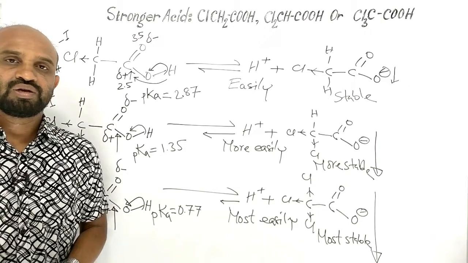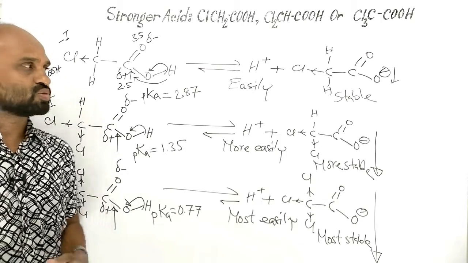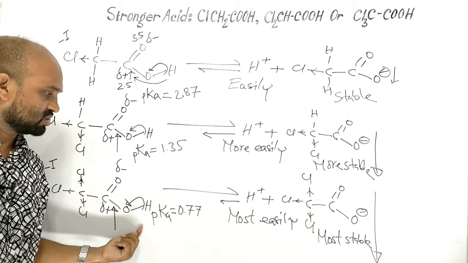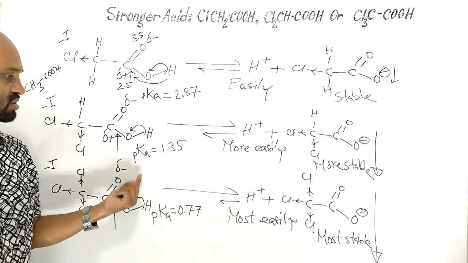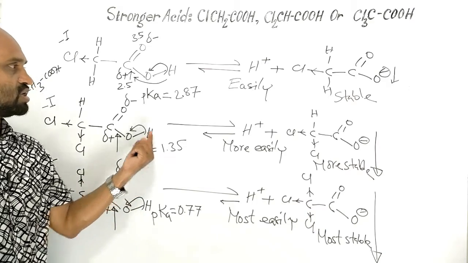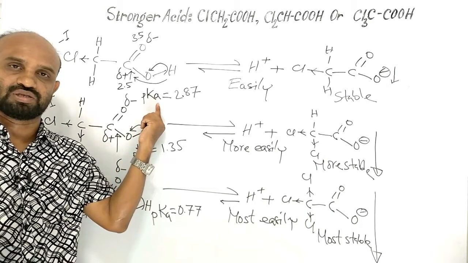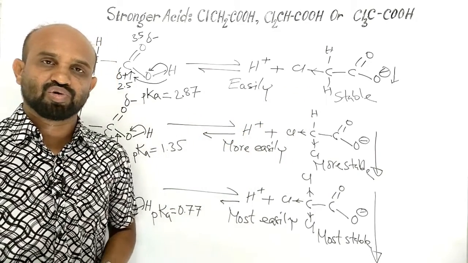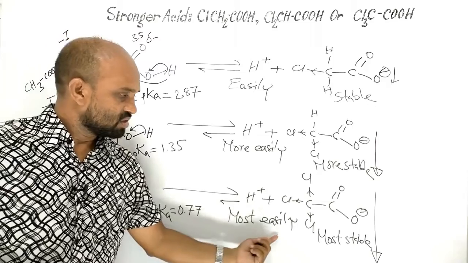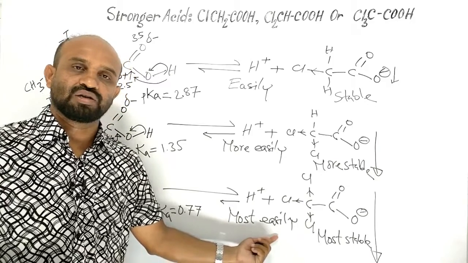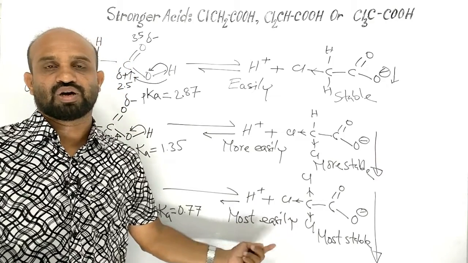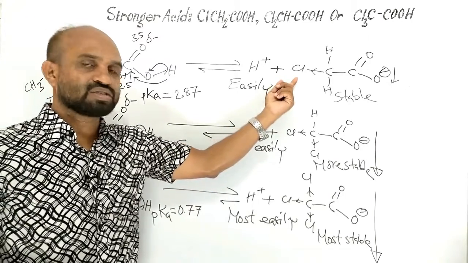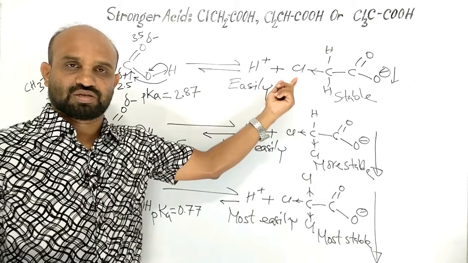So from the tendency to produce protons, trichloroacetic acid is the strongest acid, then dichloroacetic acid, and after that monochloroacetic acid. And from the stability of the chloroacetate ion, the trichloroacetate ion is more stable after releasing a proton, and lastly the monochloroacetate ion.